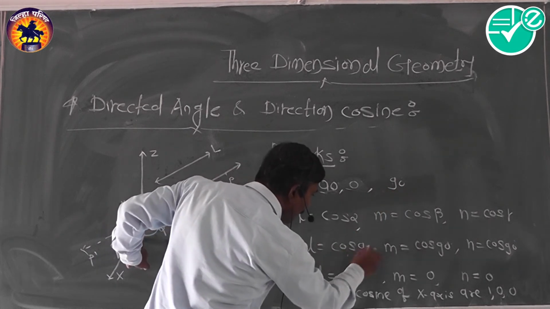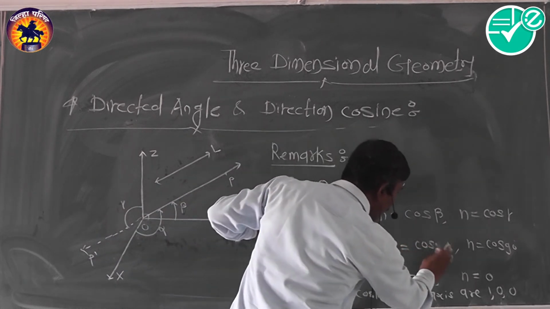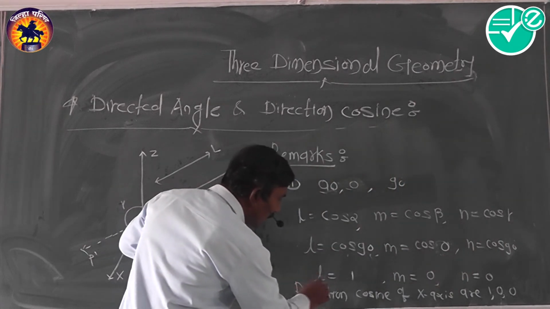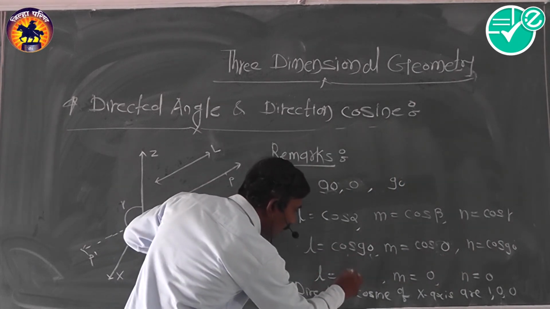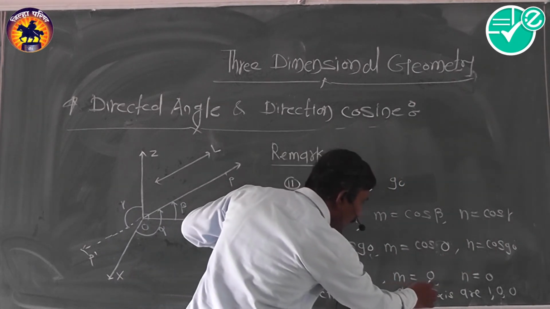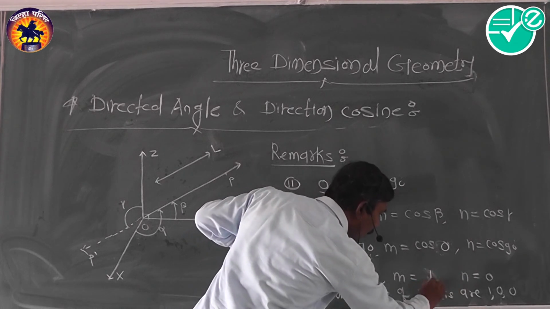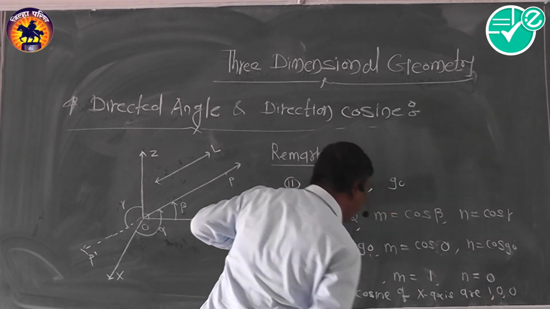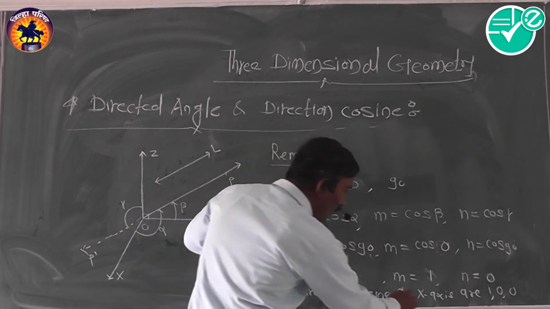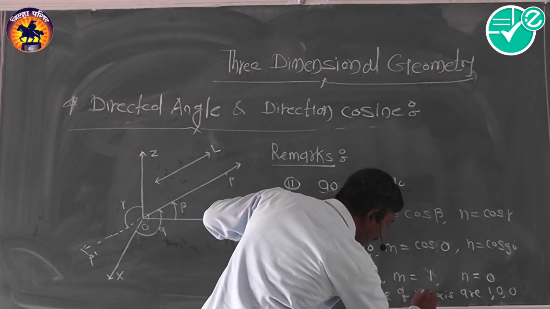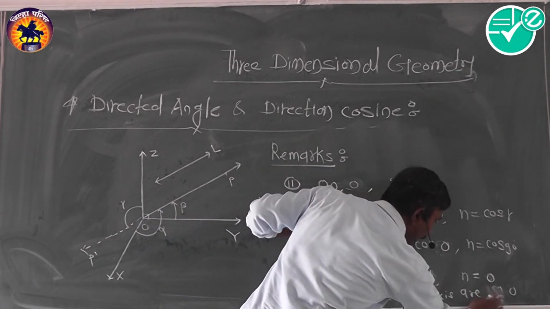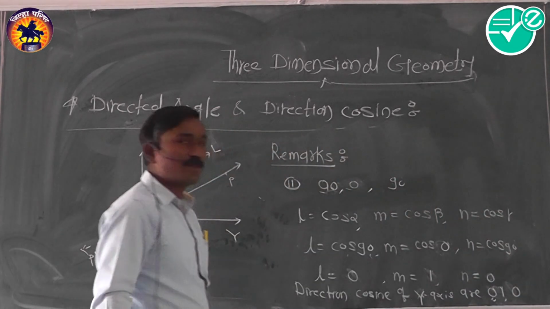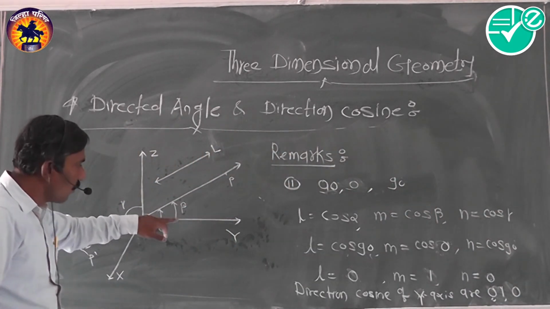So l is equal to cos 90, which is 0, m is equal to cos 0, which is 1, and n is equal to cos 90, which is 0. That means the direction cosines of the y axis are 0, 1, 0.